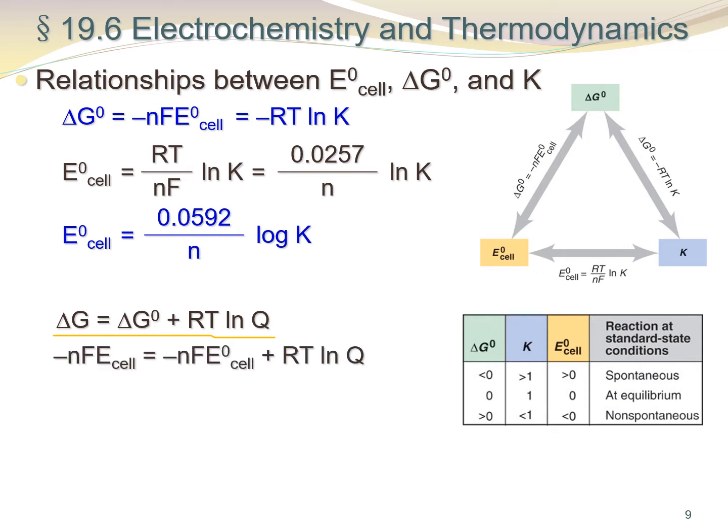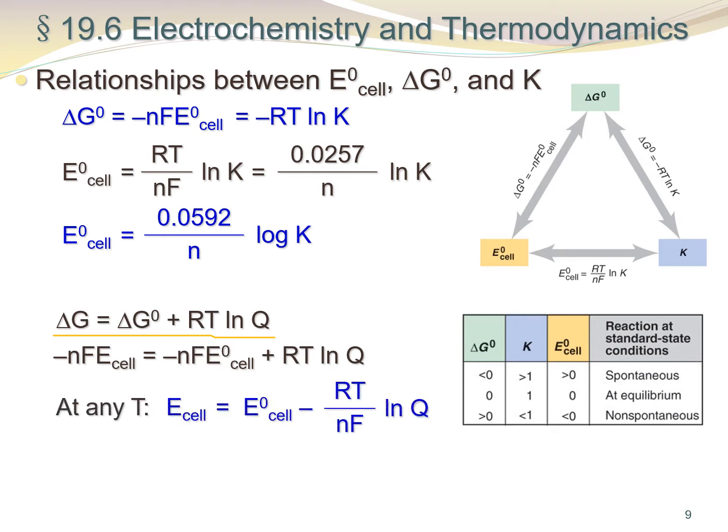In this way, we have delta G equals negative nFE cell, equals delta G0, now replaced as negative nFE0 cell, plus RT times Q. Remember, Q is a reaction quotient. It has the same formula as K, but the concentrations we use here are the initial concentrations.